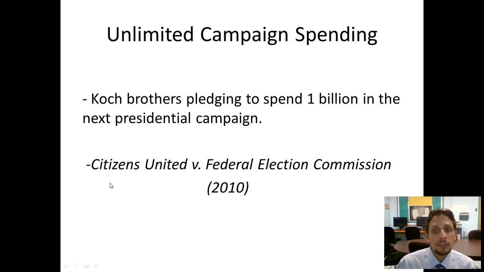Now, interestingly enough, a lot of candidates on both the Democrat side and the Republican side spoke out against this during the 2016 campaign. You had Donald Trump, who constantly talked about how Hillary Clinton was taking huge donations during her campaign, and how he was financing a lot of his campaign on his own, so he wasn't beholden to these interests of big business.